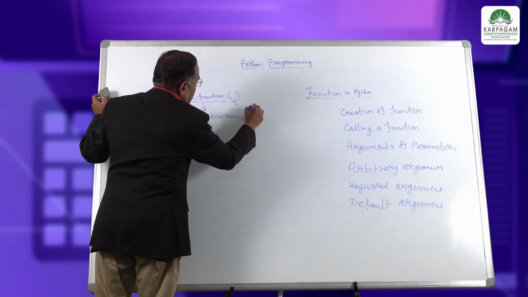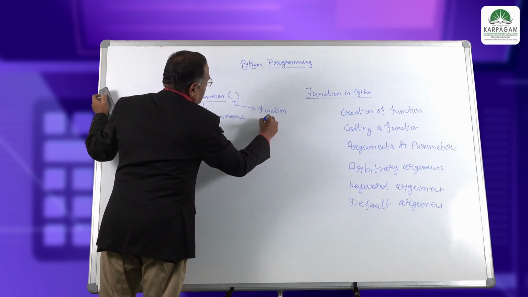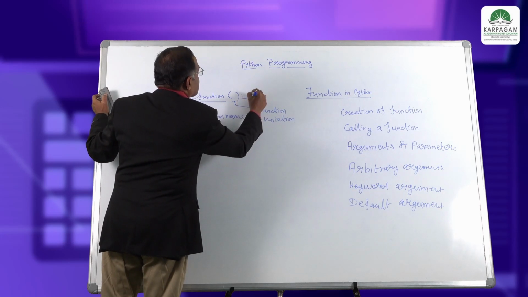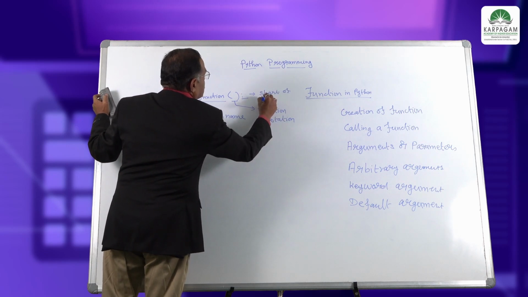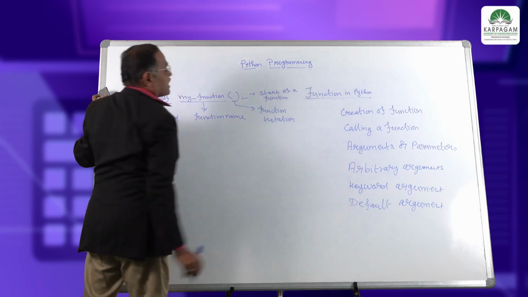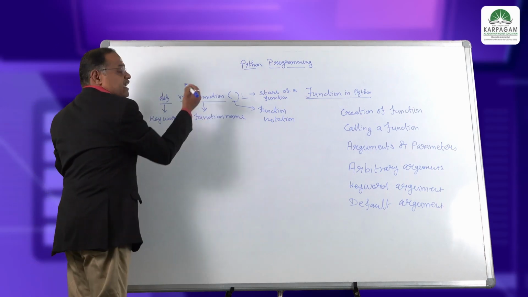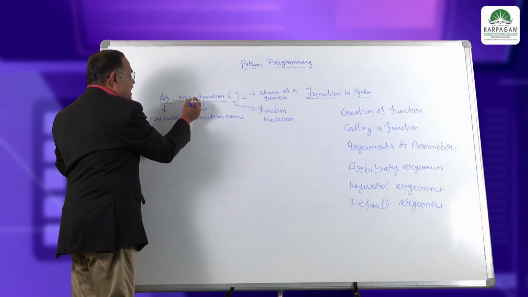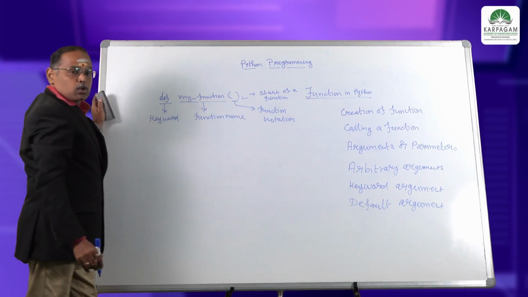This is the function notation, and the last is the starting of a function. This is the explanation for this definition. The function name which I have given is my_function. Then I have started the function by giving the colon.